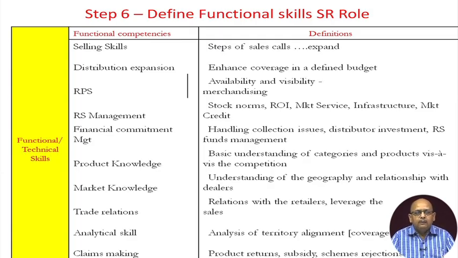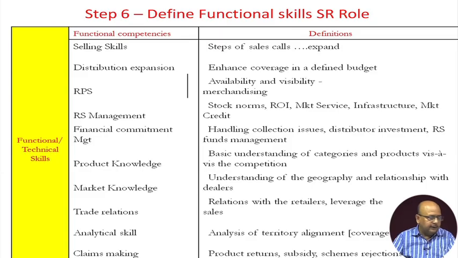Say for example, here you will find a list of competencies mentioned, like selling skills, distribution and expansion, RPS, then RS management, that is related to software, then financial management, financial commitment management, then product knowledge, market knowledge, trade relations, analytical skills.